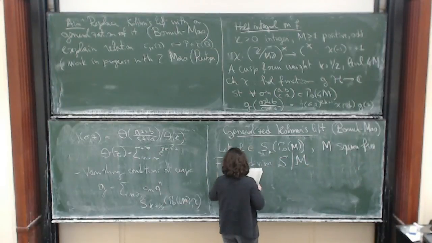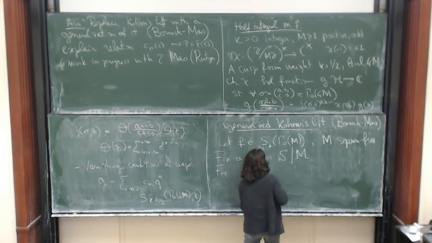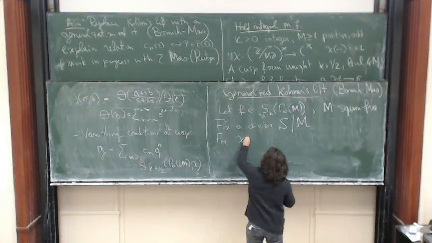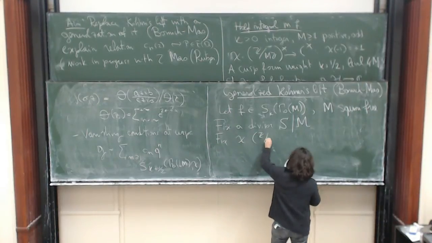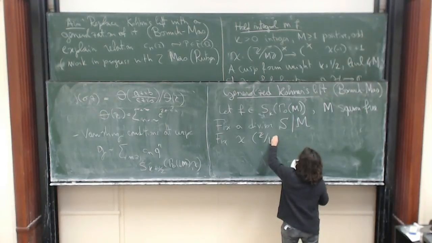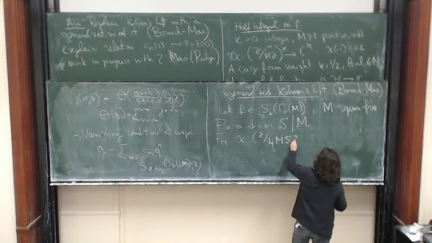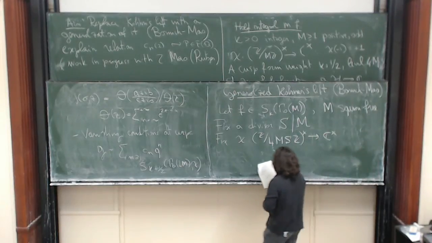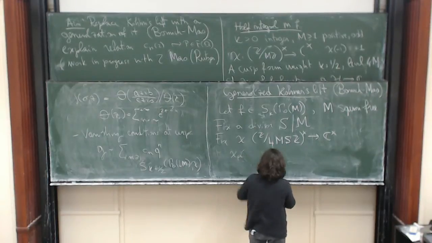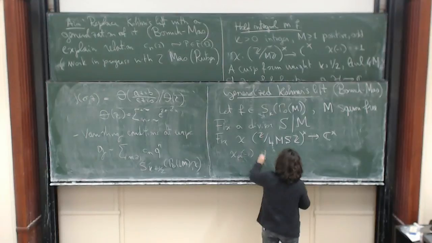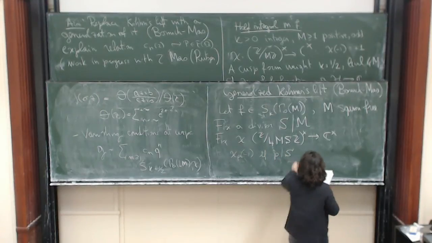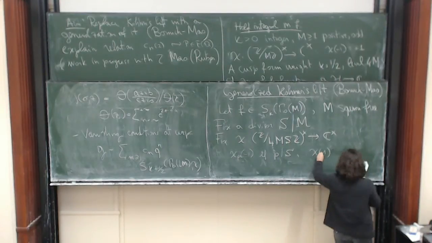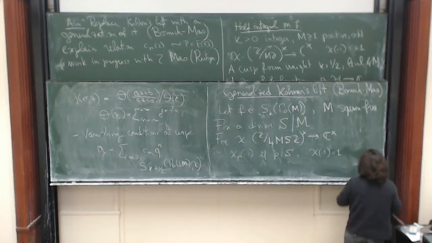And also we fix a Dirichlet character chi from (Z over 4mS Z) star to C star, such that the p-component of this character is equal to -1 if p divides S, and chi of -1 is plus 1.